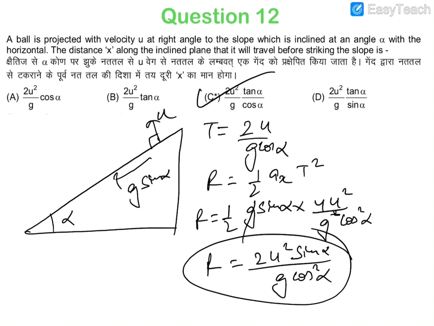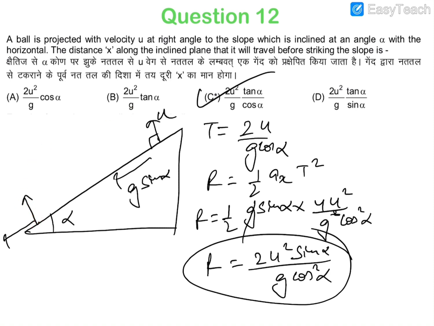Okay, now this is quite obvious if you are thinking about how I have assumed that it would go in the downward direction, because if I assume that I have projected this projectile from the bottom, then the acceleration is in the downward direction, and it would go in the downward direction only.